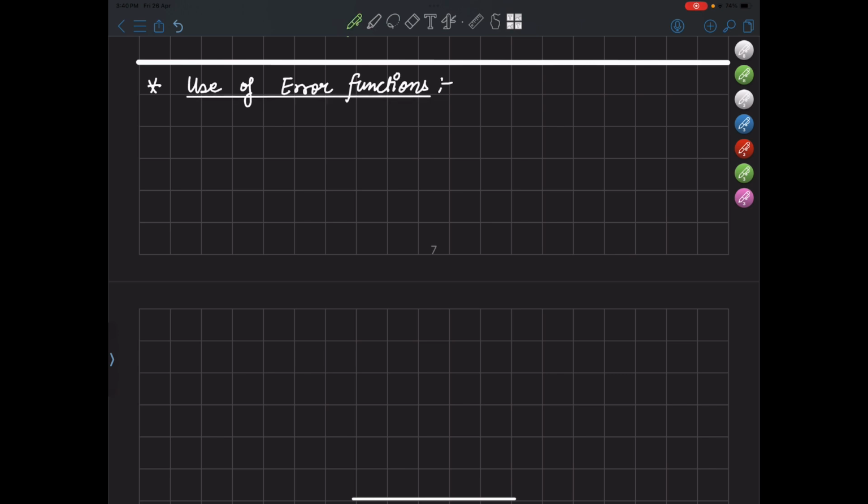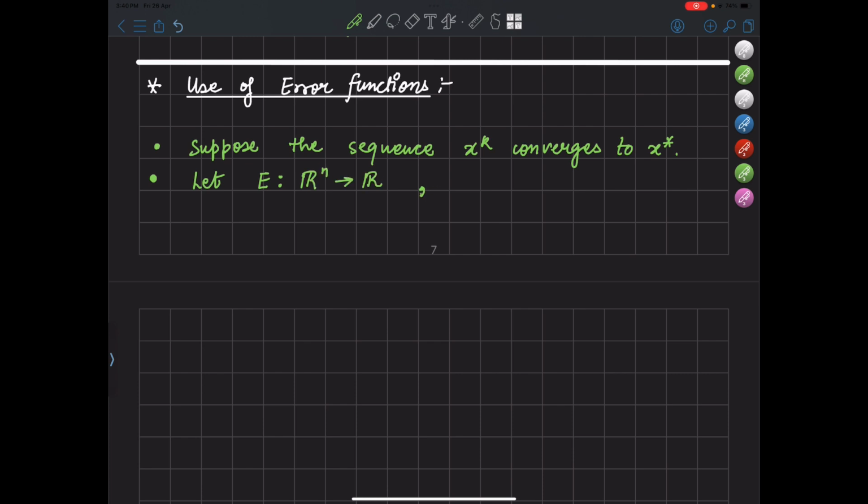All right, so suppose the sequence xk converges to x star. Let e be a real valued function from Rn to R called error function, and e should be continuous.